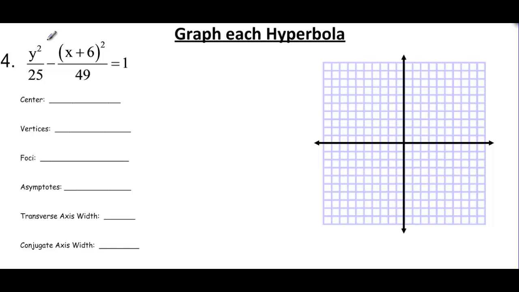And our last one. Okay, I can tell this is going to be an up-down hyperbola. My center, I want to be careful, again do the x part first, is negative 6, comma, 0. I know this is under the y, so up and down 5, and then left and right 7.